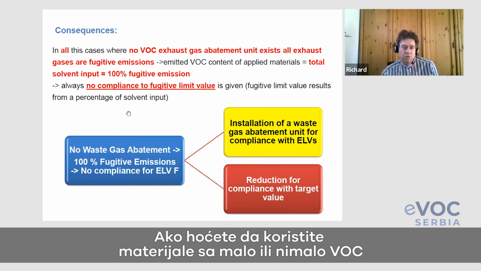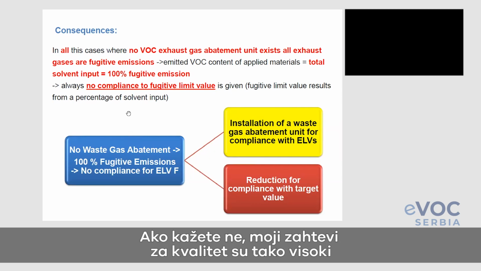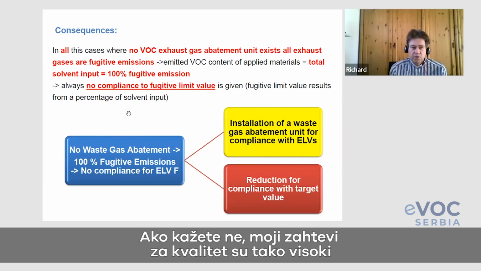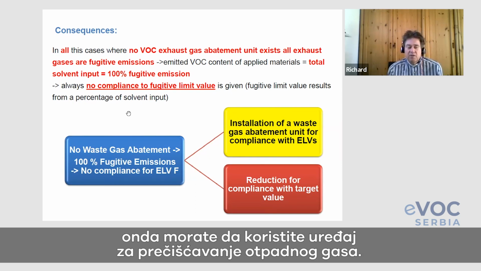You want to use low VOC materials, then the reduction scheme is the best choice, what you can do. If you say, no, my quality requirements are so high, there are no materials that I can use, then you have no other alternative as the application of a waste gas abatement.